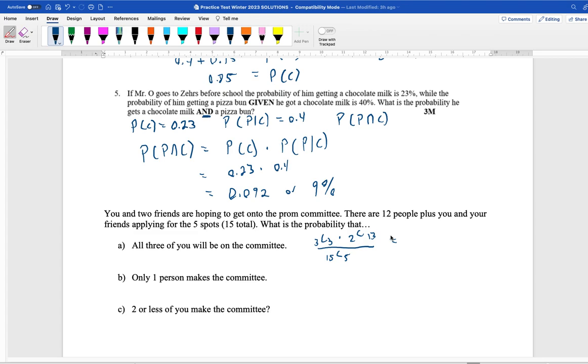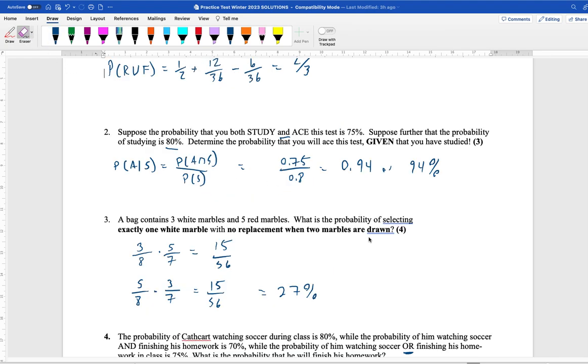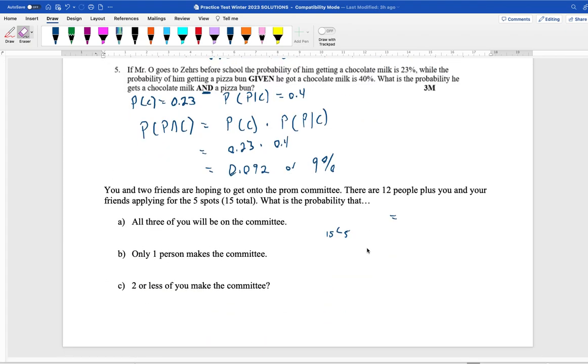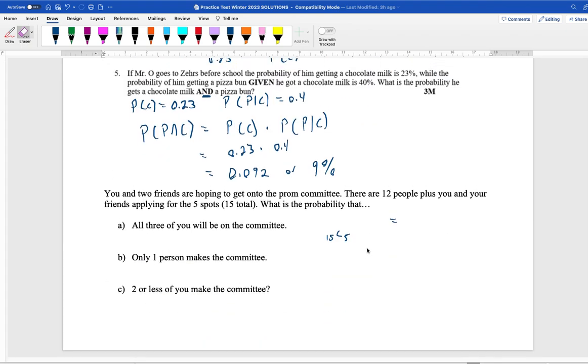So 3 choose 3 is getting you all on the committee. And oops, that should be. What happened there? I erased something. Right, let's do this over again. So 3 choose 3 is getting you on the committee times 13 choose 2. That's the last 2 people on the committee.